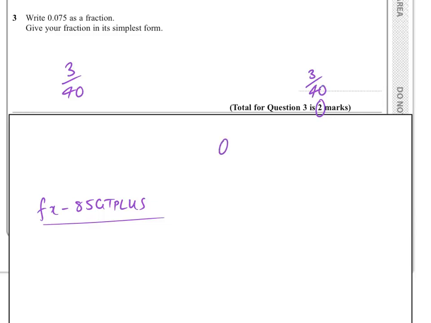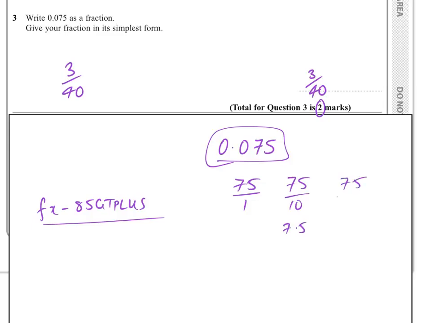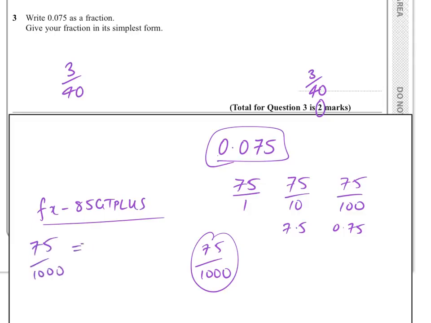So what I would do is, I would take the decimal, and I would think to myself, well, 75 whole ones, that's just 75. 75 tenths, well, that would be 7.5. 75 hundredths, well, that would be 0.75, and so 75 thousandths would be the fraction equivalent of 0.075.